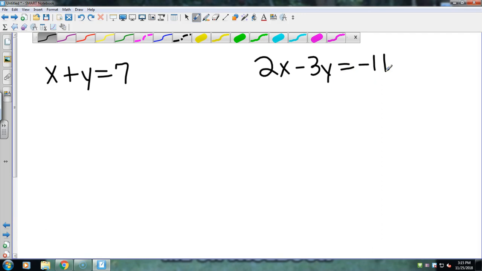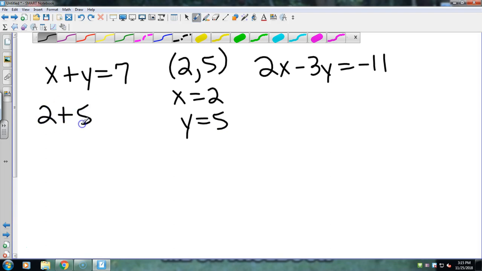And they're asking us if the coordinate 2, 5 is going to work. So x is 2, y is 5. Let's sub them in. Obviously over here, that one's going to be pretty easy. 2 plus 5 equals 7. That is correct. So we're good so far.